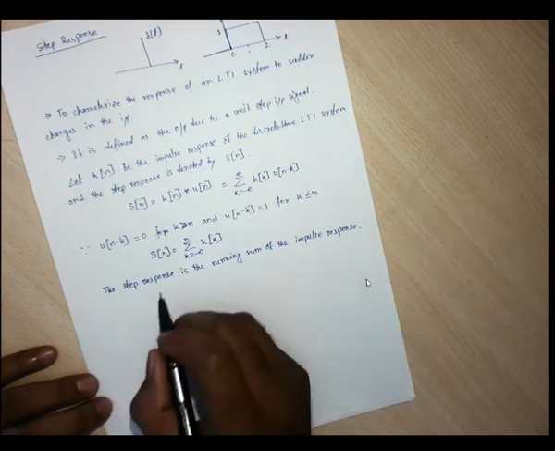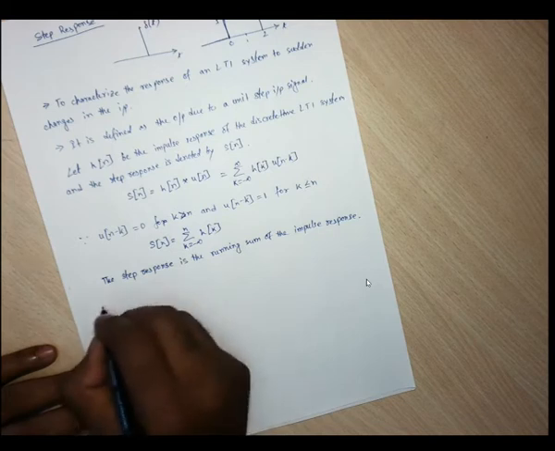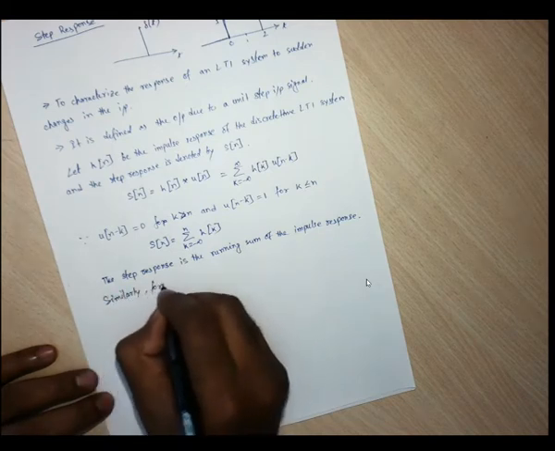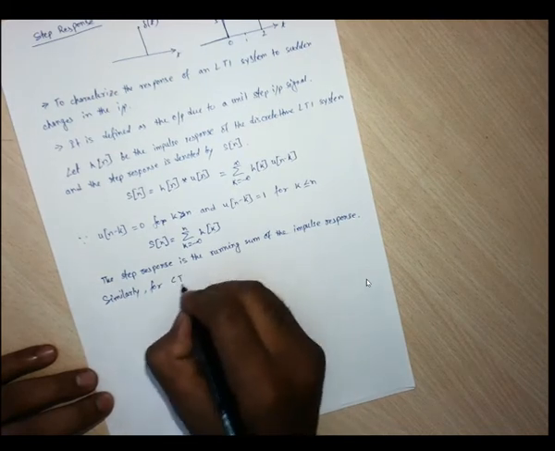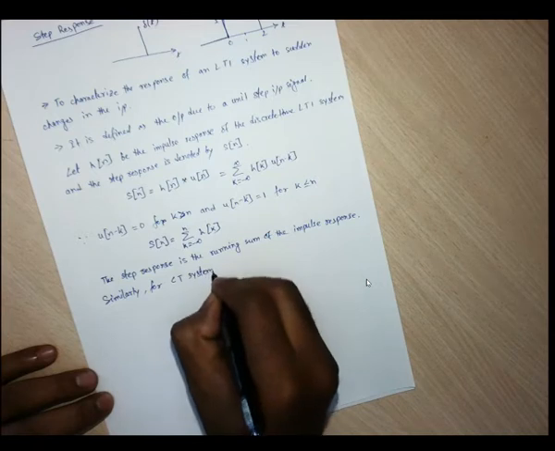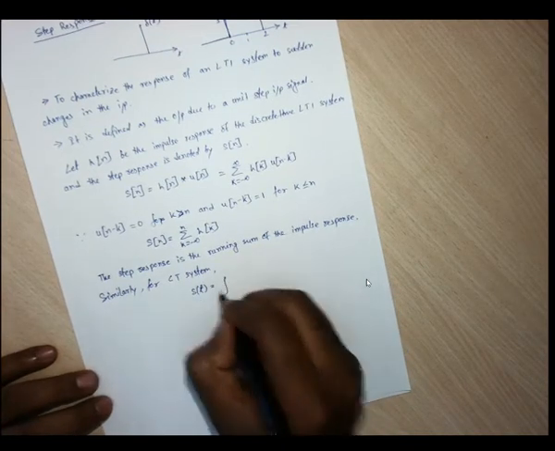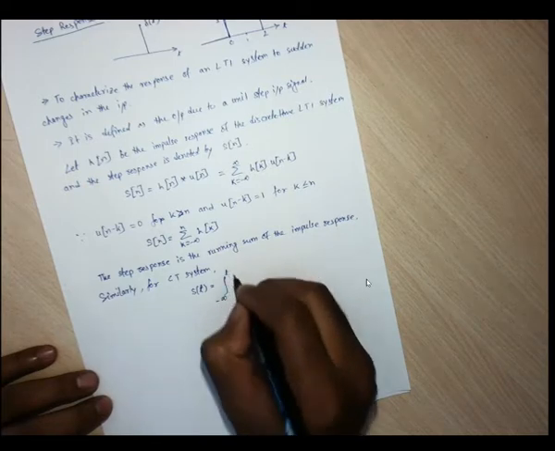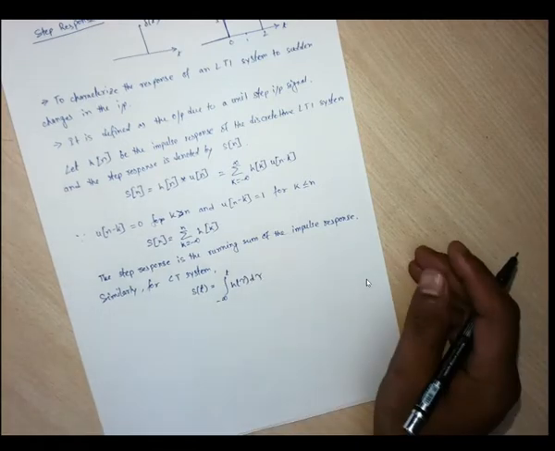Similarly, for a continuous time system, s(t) will be the integration from minus infinity to t of h(tau) d tau.